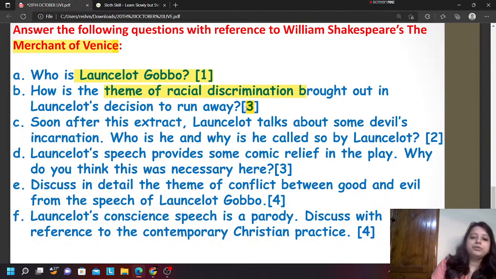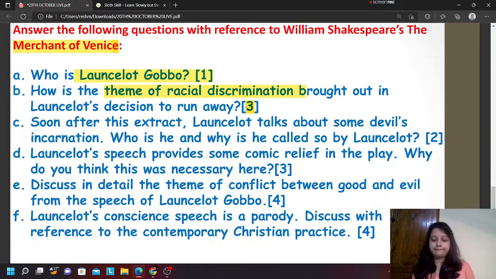I believe question number B is clear to all. Is it clear to all? Then I'll move to question number C. If you want me to explain it again, just tell me now.